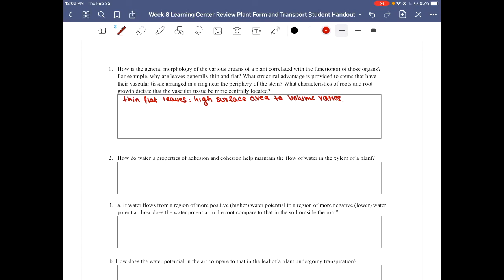And this is going to be important because the greater the surface area is, the more sunlight will hit the leaf, and that'll give them enough light to do photosynthesis.